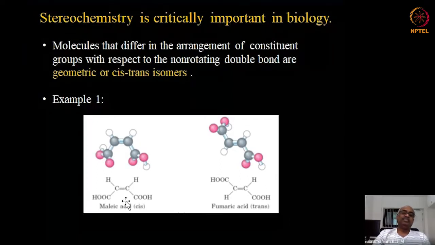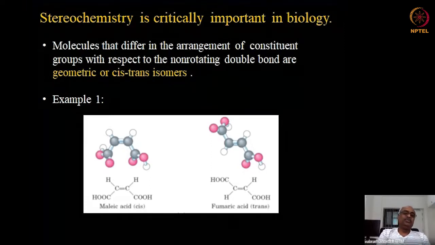So when you have this kind of orientation, you say this is cis orientation. And when you have the opposite orientation, like one hydrogen on the same side as the other carboxyl group, then this is trans orientation. Same side is cis, opposite side is trans.